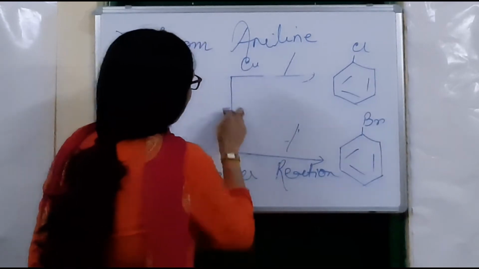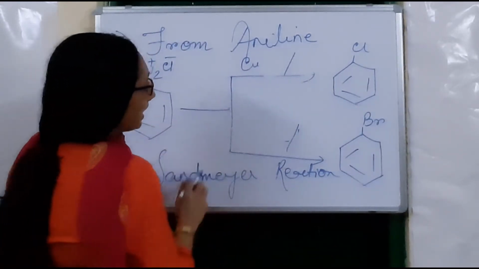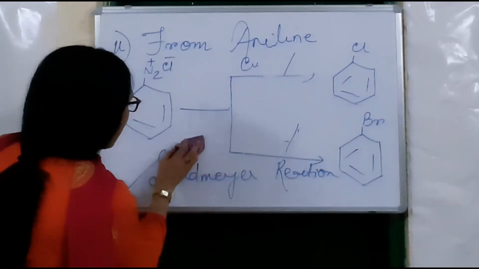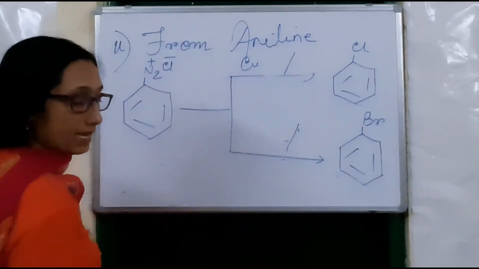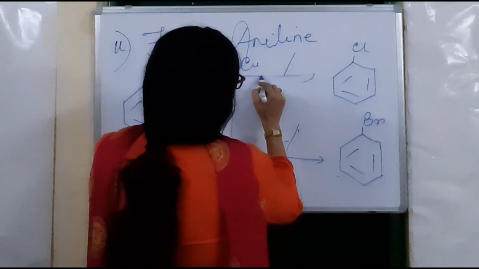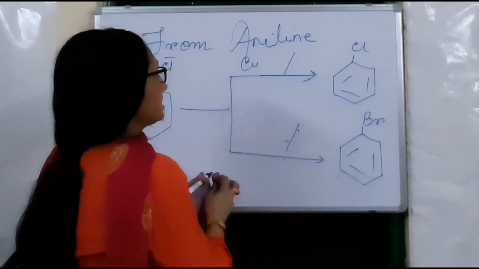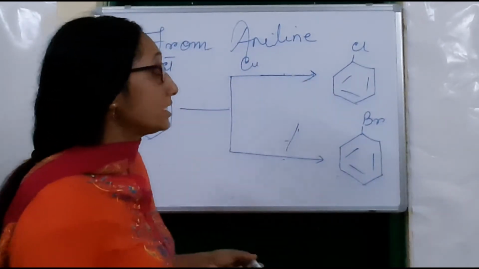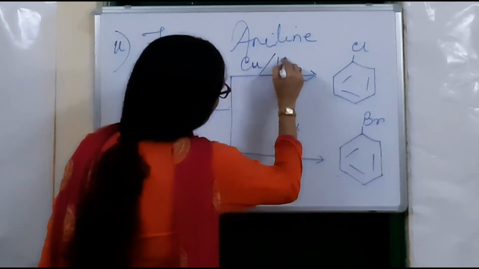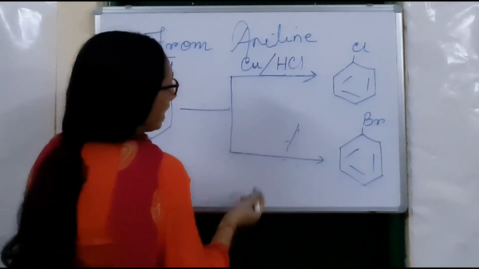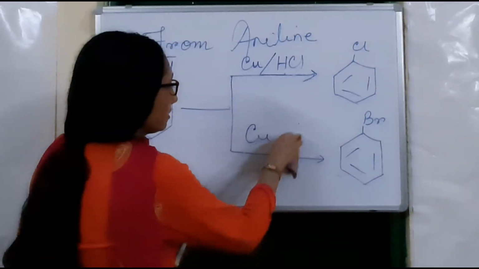Now, we can convert this benzene diazonium chloride to chlorobenzene and bromobenzene by another method. Now, instead of treating Cu2Cl2 or CuCl with HCl, we will treat a freshly prepared mixture of copper with HCl, and here copper with HBr.